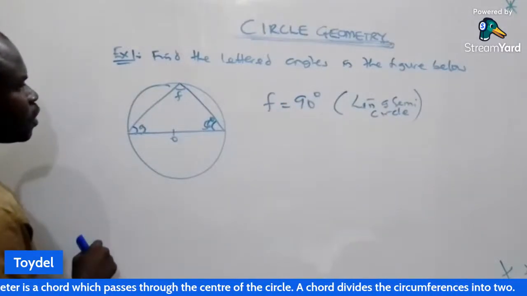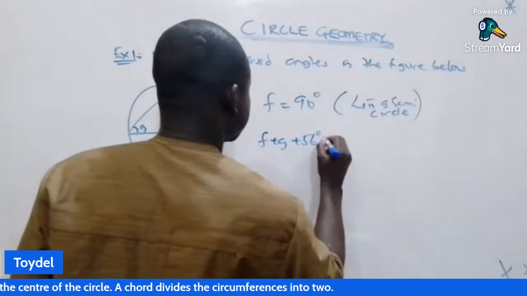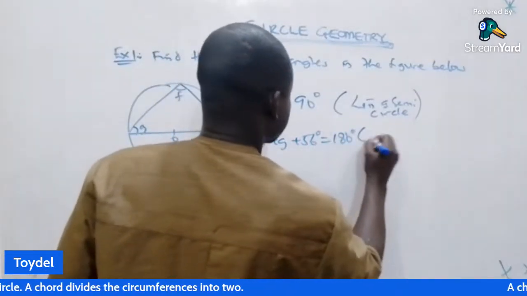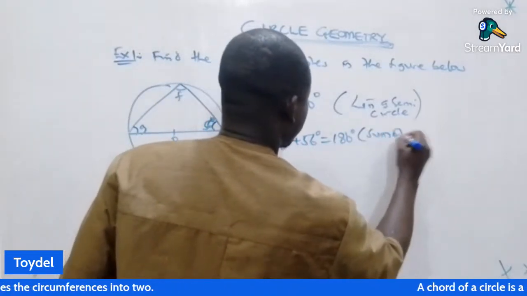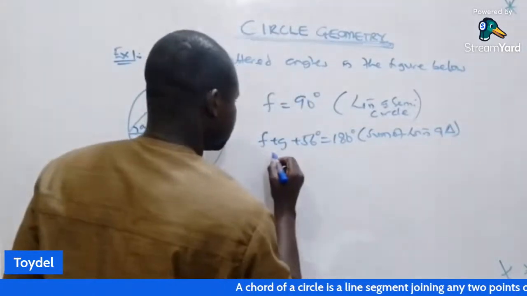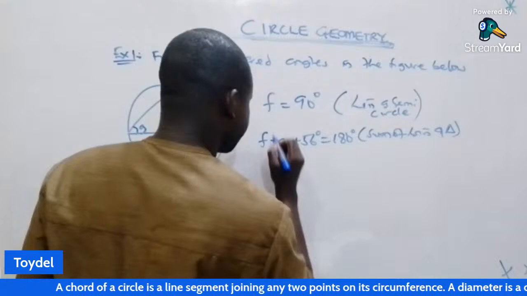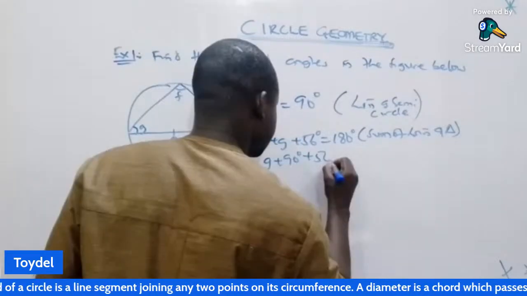So if I know that, then I will say F plus G plus 56 degrees is equal to 180. That is the sum of angles in a triangle. F is 90, so G plus 90 degrees plus 56 is equal to 180.